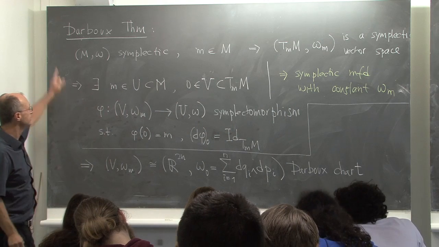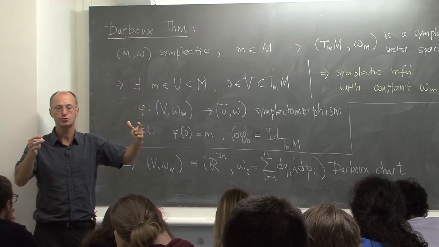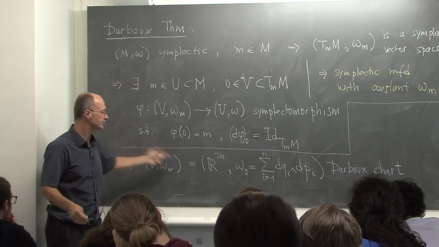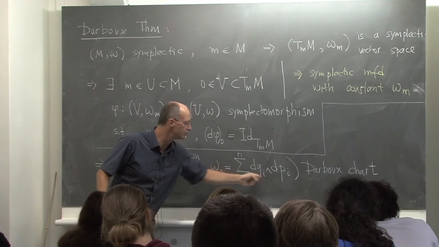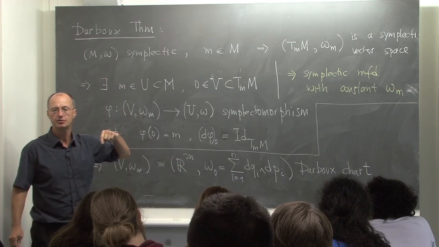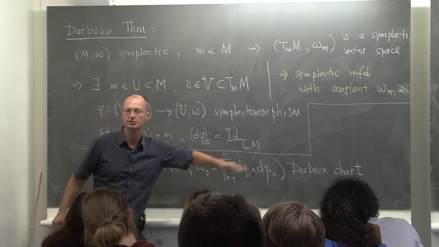Now the theorem says that in the neighborhood of every point we can define a Darboux chart, and this means that eventually we can cover our symplectic manifold with Darboux charts. Then the transformations between them will be symplectomorphisms between the standard symplectic structure and itself.